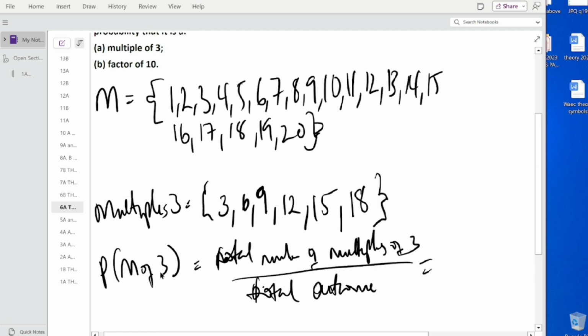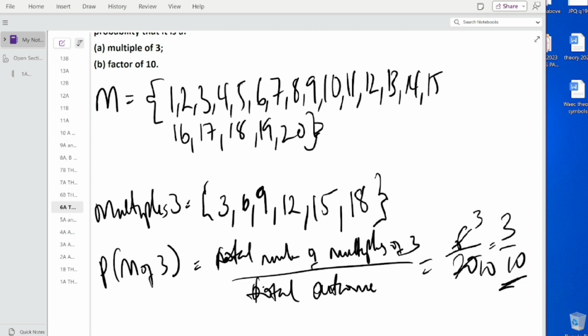That's the probability that it's a multiple of 3. The numbers of multiples of 3 are 1, 2, 3, 4, 5, 6. There are 6 of them, over the total, when we count all the counting numbers, there are 20. That's 6 over 20. We reduce to the lowest term, dividing by 2 here and here, we have 3 over 10. Our answer is 3 over 10.